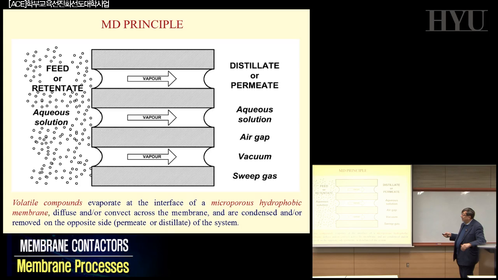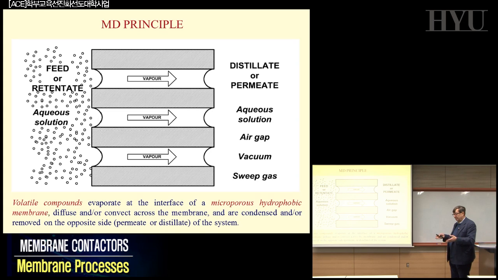If now I apply a small delta T as a driving force, a few degrees centigrade, here it can be 30 degrees and here 28, just a 2 or 3 degree difference, these molecules can go across in vapor state. Only vapor is going across, no liquid. If there is any liquid, it's a problem. This is interesting because we are now defining a new kind of selectivity, in the sense that only volatile compounds can go across.